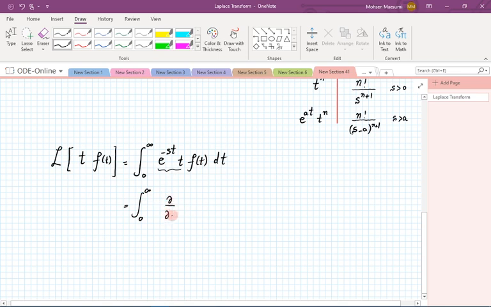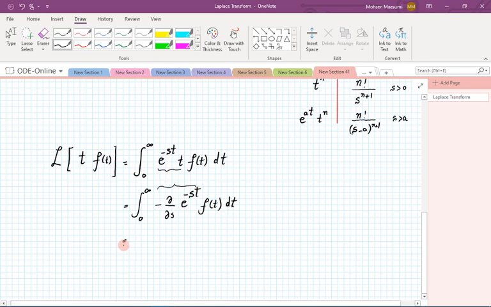So to clarify, I'm differentiating with respect to s, not with respect to t, of exponential of minus st. If I differentiate this thing with respect to s, a factor of minus t comes in front, so actually I need a minus as well. So this is the same as that, times f of t. So far so good. That's rather obvious.